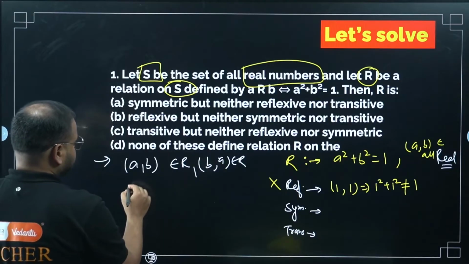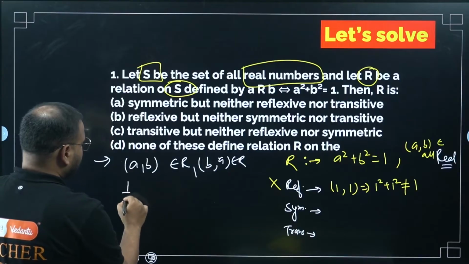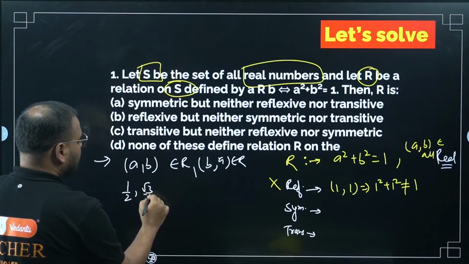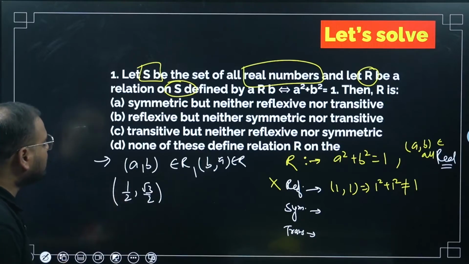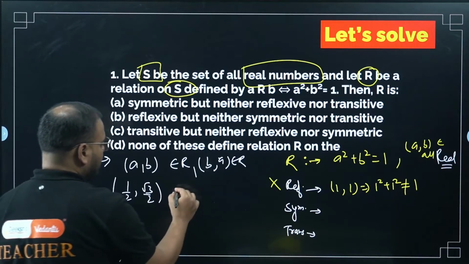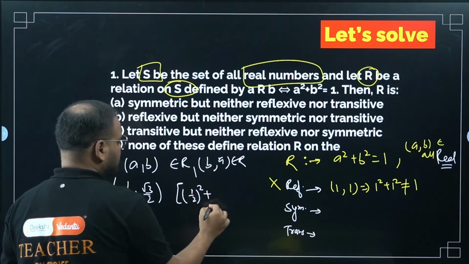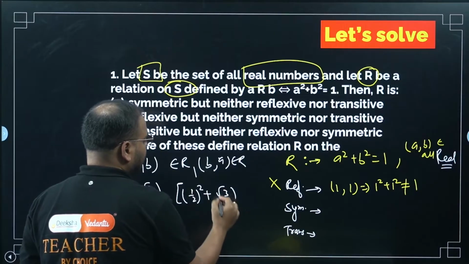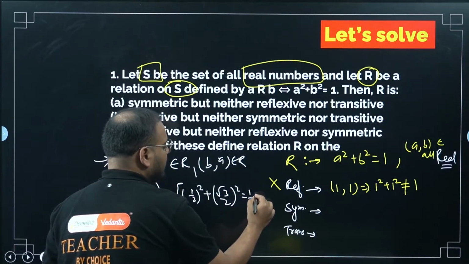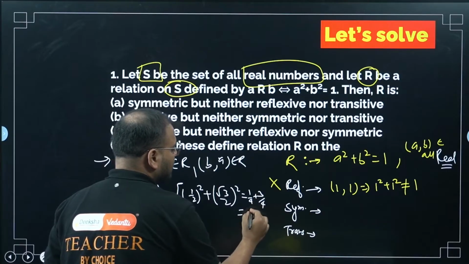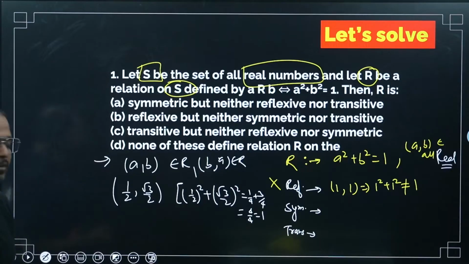Check it out with an example: 1 by 2 and root 3 by 2. 1 by 2 squared plus root 3 by 2 squared is 1 by 4 plus 3 by 4, which is 4 by 4, which is nothing but 1.